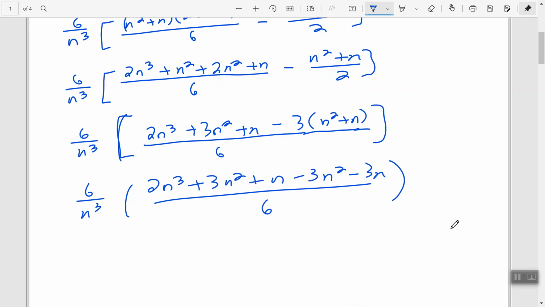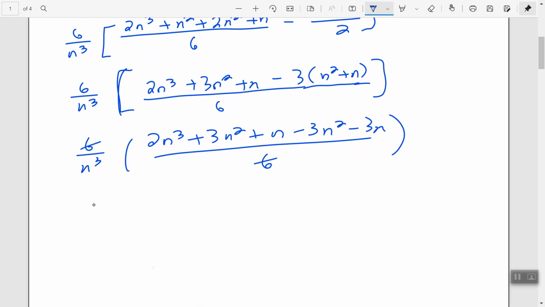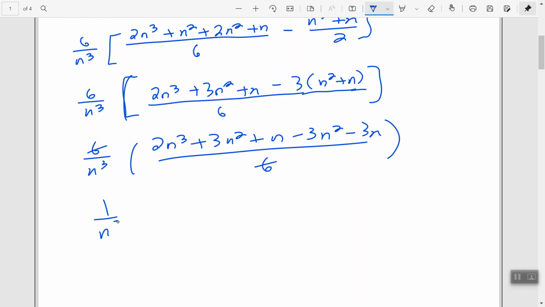And I can go ahead and cancel those 6's. The 6 here and the 6 here, they would cancel out. So now I have 1 over n to the third times 2n to the third.